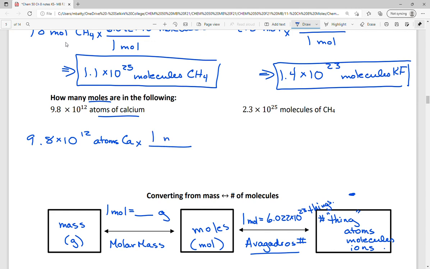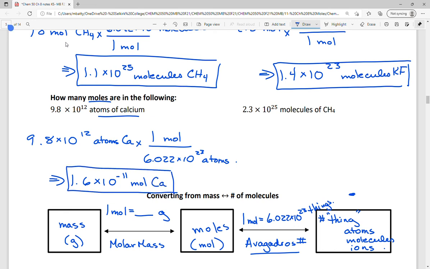So we know that 1 mole has 6.022 times 10 to the 23 atoms in it. And so with this one, rounding to 2 sig figs and following my calculator, I get 1.6 times 10 to the negative 11 moles. Sorry, moles. Yeah, there we go. Calcium.